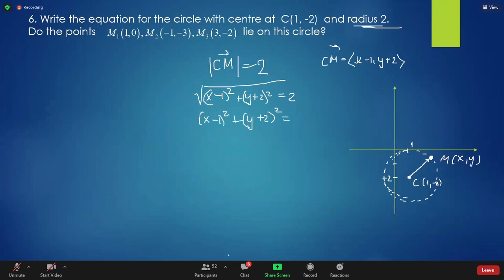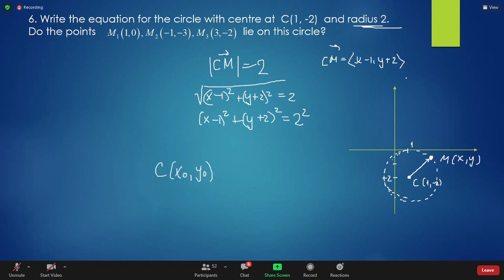So now what happened here? We are not simplifying this. We see that if the center has coordinates, for example, x0, y0, then this is subtracting x0, this is subtracting y0.